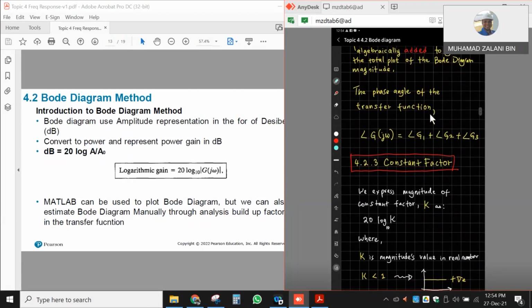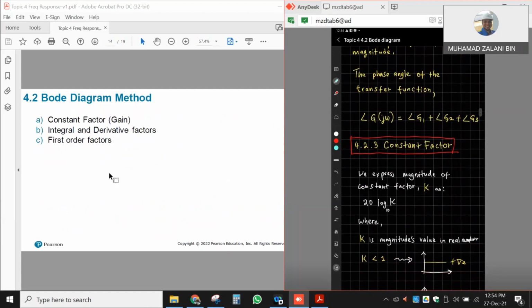That is what we have highlighted before going further. In the next section, when we want to sketch the Bode diagram, we should consider three different types of factor for the transfer function: the constant factor, the integral or derivative factor, or the first order factor.